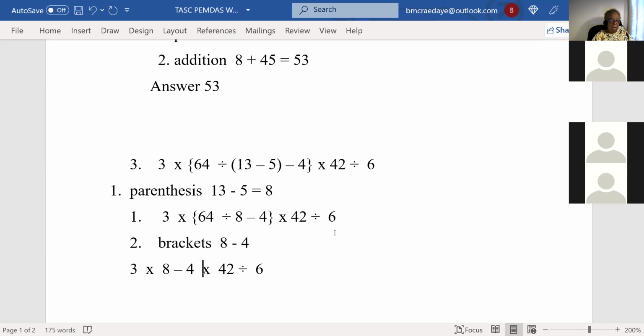Well, you can do that, but I'm just putting what we get within the bracket. 64 divided by 8 is 8, and then minus 4. That's what we got when we simplified what was within the bracket.